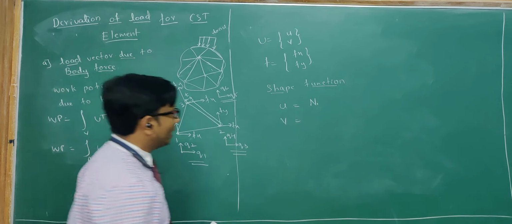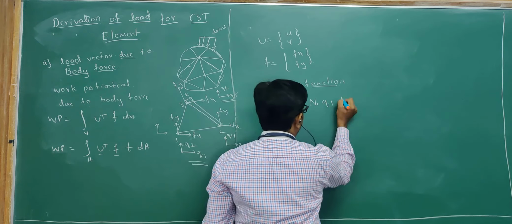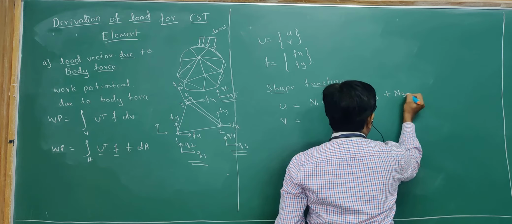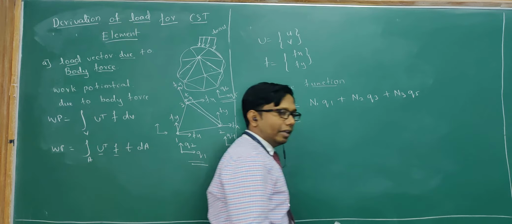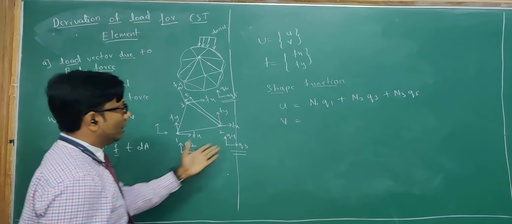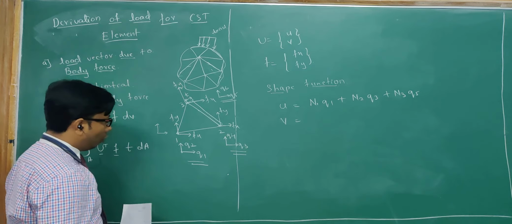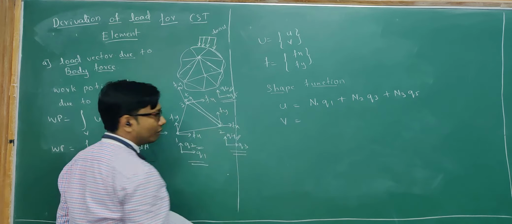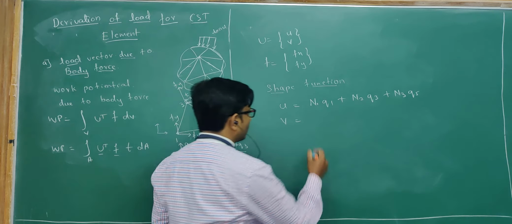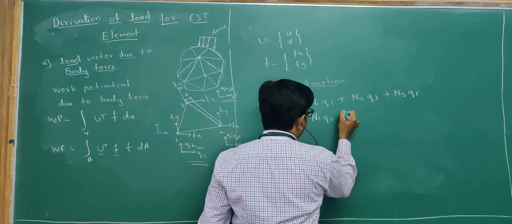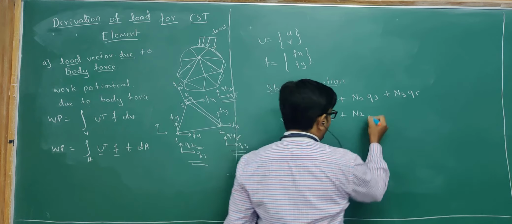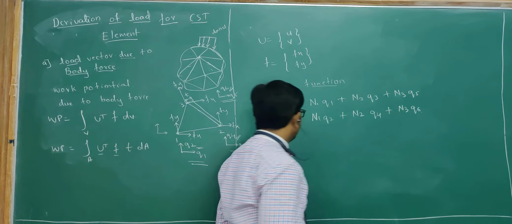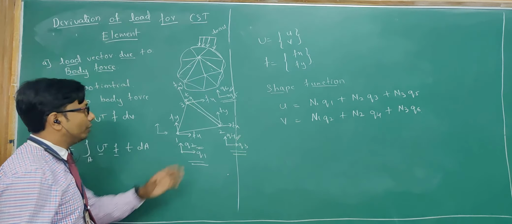I will write it as N1 into Q1 plus N2 into Q3 plus N3 into Q5. Next we go for v, that is the y displacement, which has Q2, Q4 and Q6. So that is N1 into Q2 plus N2 into Q4 plus N3 into Q6. These are the variables which will be taken in the shape function.